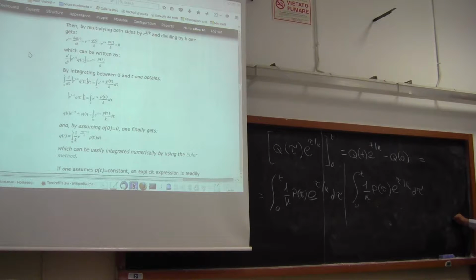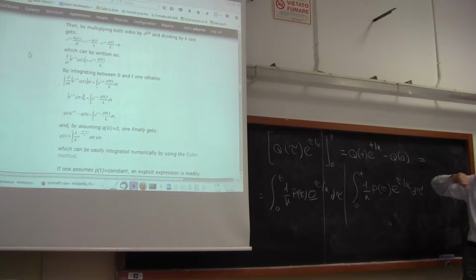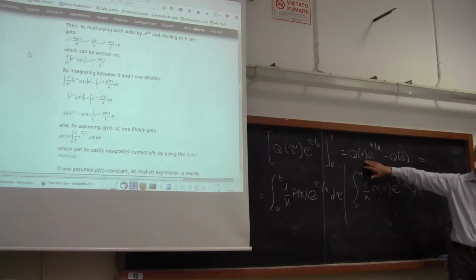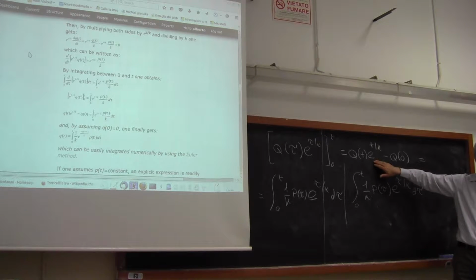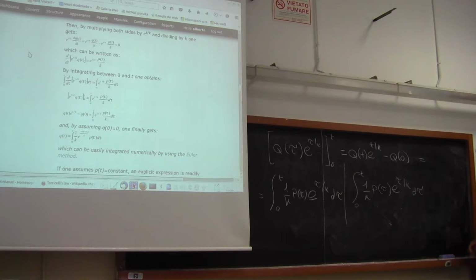Now, given that I want to get an expression for q(t), it's better if I divide everything by e to the power of t over k, because I want to get an explicit representation for q. Okay, no problem. So let's do that.